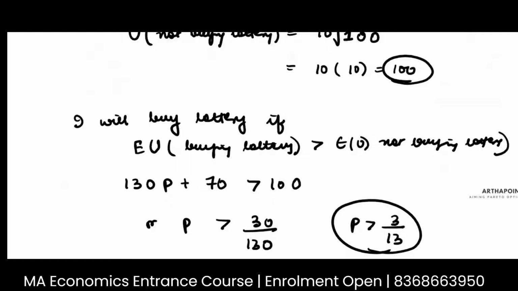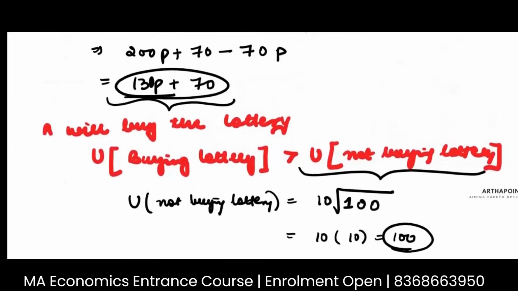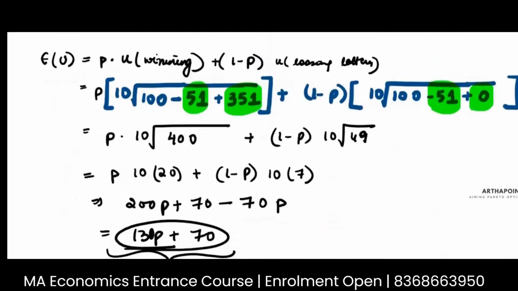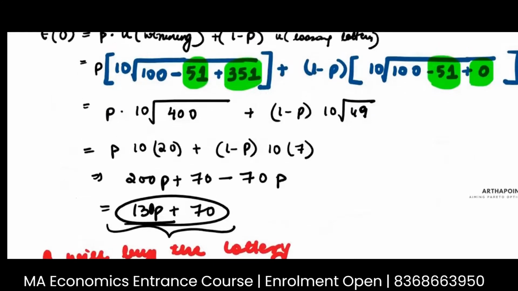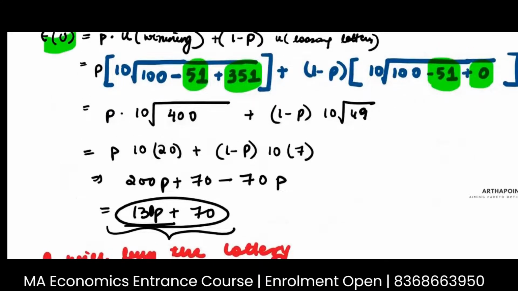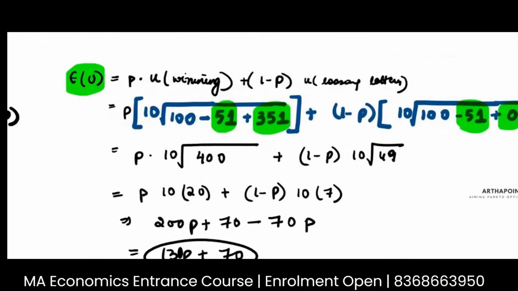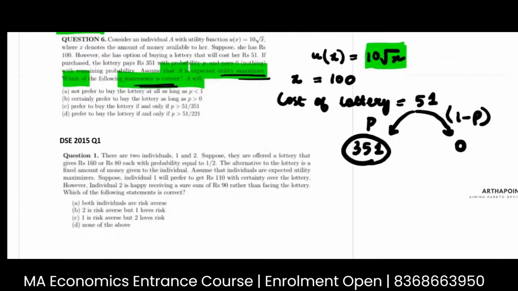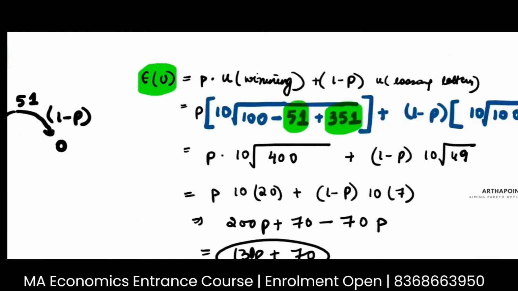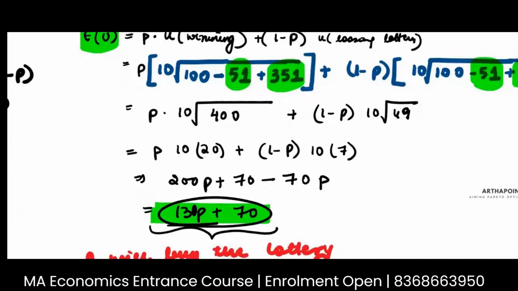A few points that I must tell you. First of all, the mistake that a few students have been making, as I analyze the exam, is that once they find expected utility and read that A is a utility maximizer, they try to maximize this utility with respect to P. Just think about this. P is the probability of you winning or losing a lottery. P is not under your control. P is exogenous.